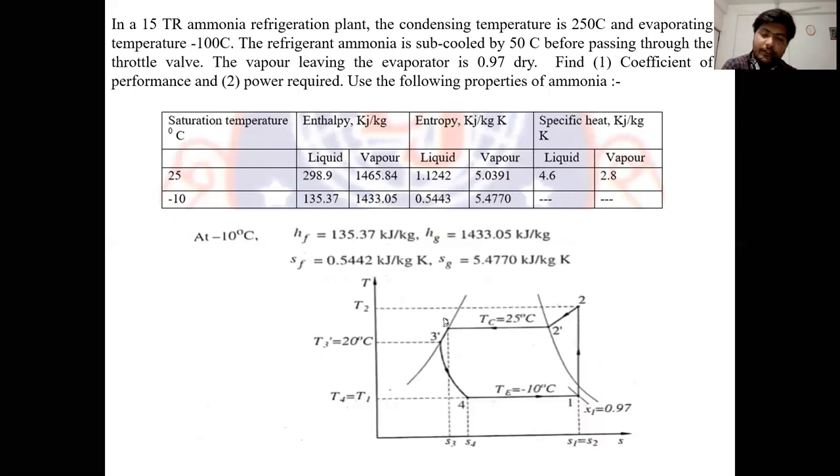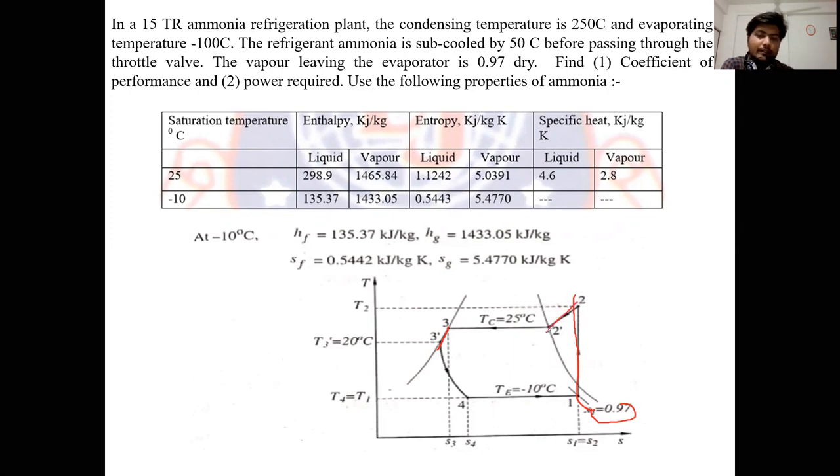So first of all, we draw the TS diagram of the system. The numerical says there is a subcooling process, so we denote the subcooling process here, 3' to 3, subcooling. And dryness fraction at point 1 is given, that is 0.9. That means point 1 lies inside the dome. If point 1 lies inside the dome and we draw the straight line, automatically point 2 lies outside the saturated vapor line.